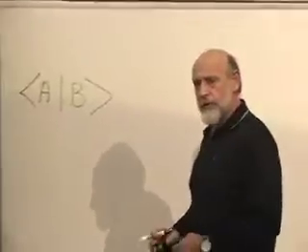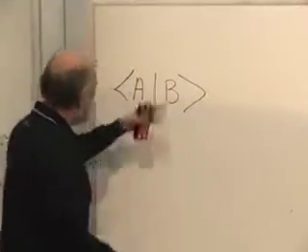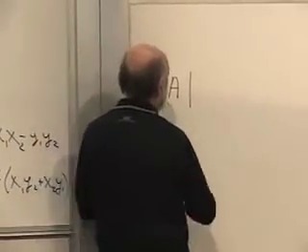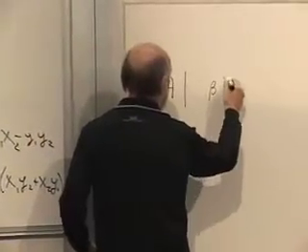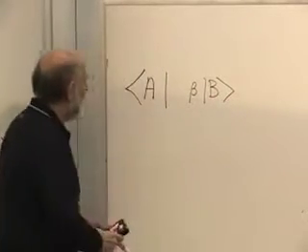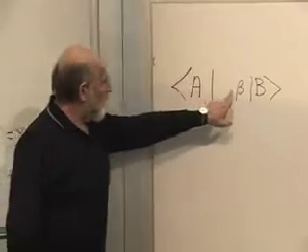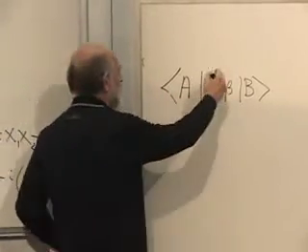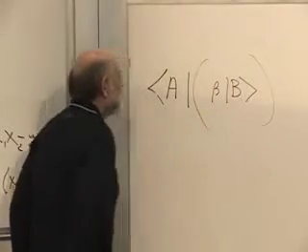The first abstract property: suppose you multiply the vector B by beta, so this is beta times B. This is the inner product of A with the vector beta times B. Let's put all of this in parentheses.